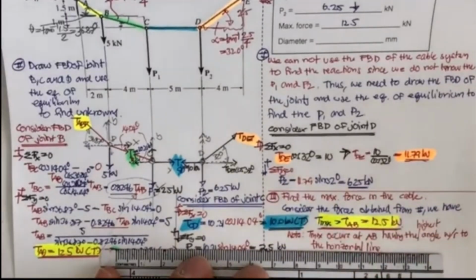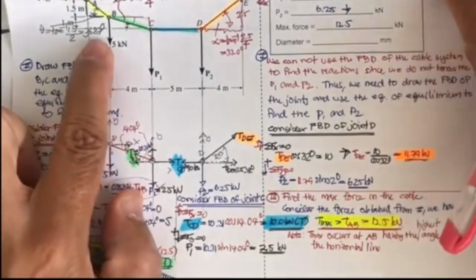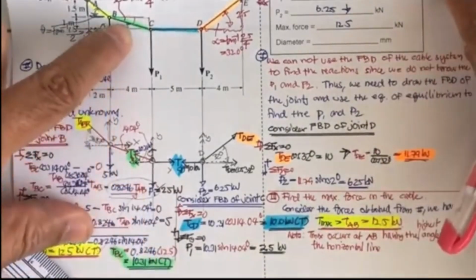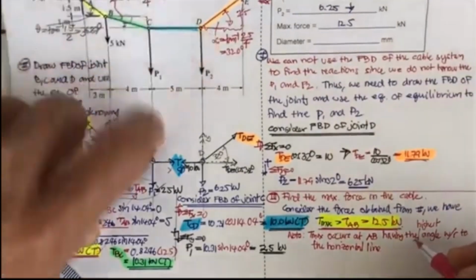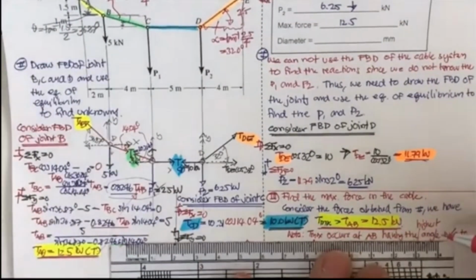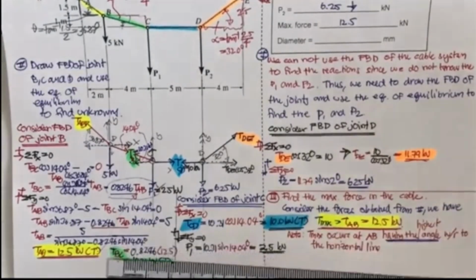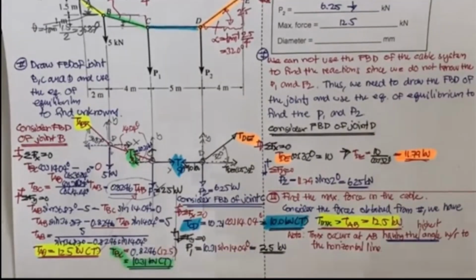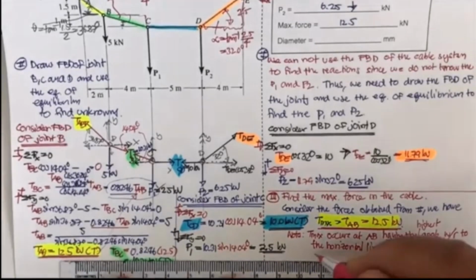You may see that this is going to be 38.84, this is 14.04, this is 0, this is 32. So it occurs in the cable having the highest angle with respect to the horizontal line.